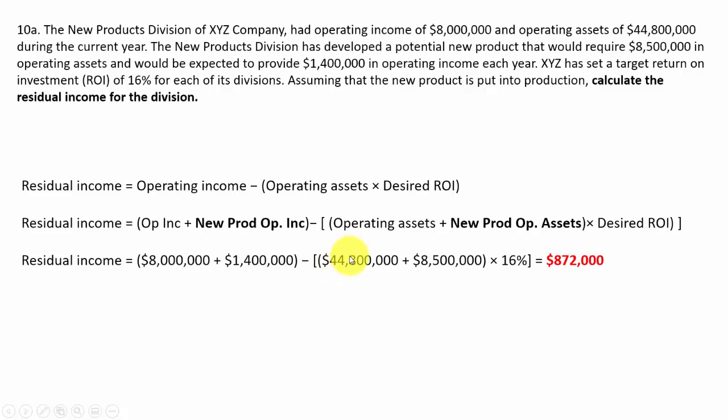We'll subtract over here the sum of the following things: the operating assets of the division plus the new product's operating assets. Add those two pieces together, multiply times the 16%, and when you multiply all that together and subtract it from the operating income, which includes the operating income of the new product, you end up with residual income of $872,000.